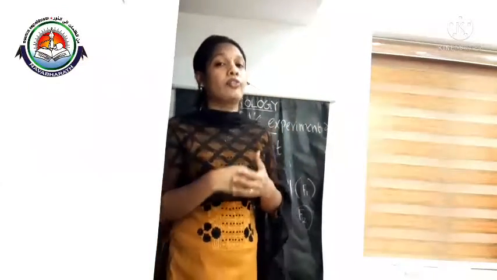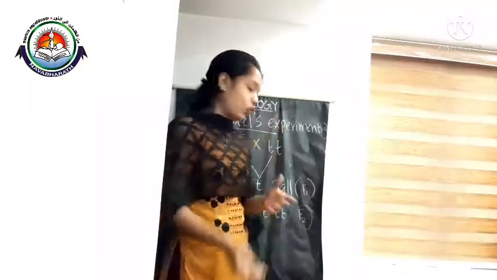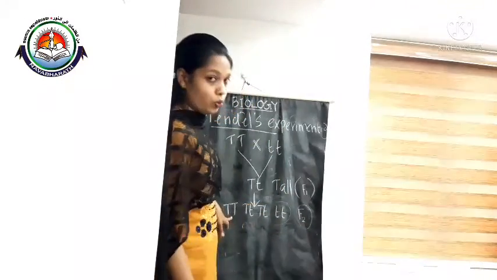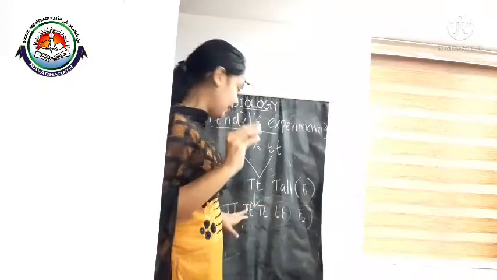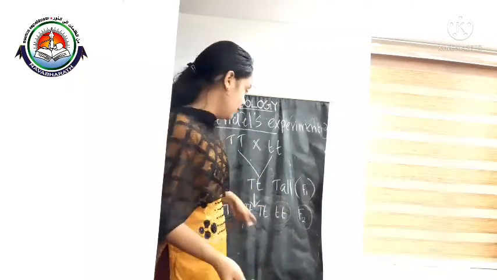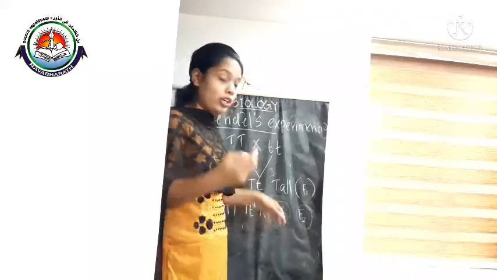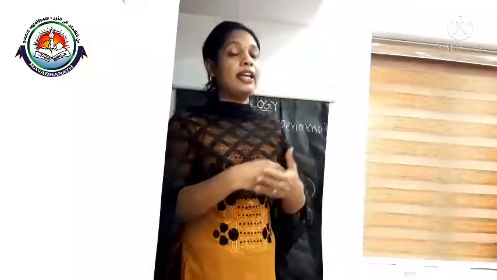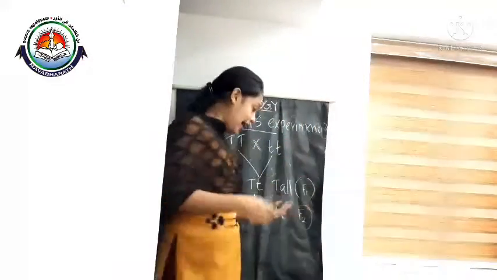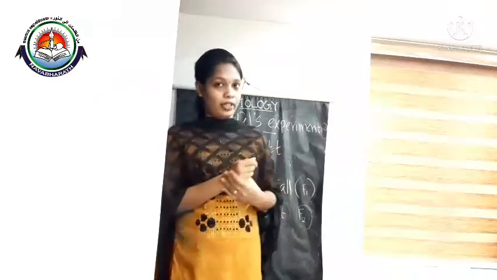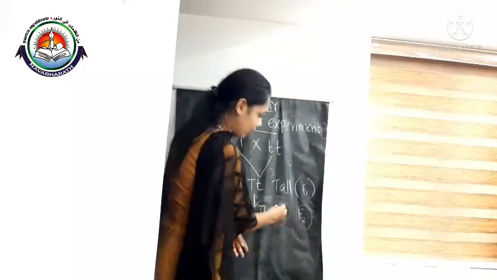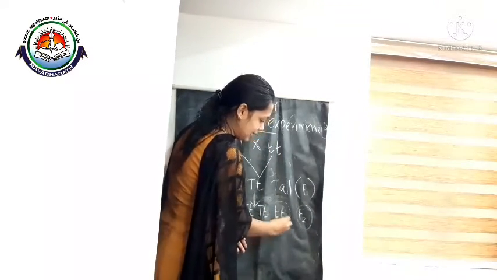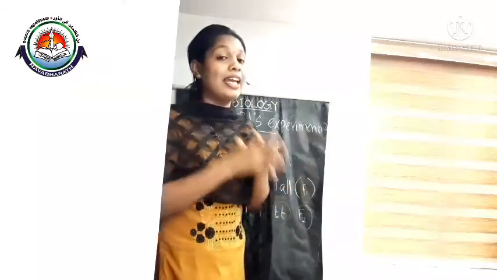These two may be identical or different, depending on the percentage of occurrence. That means either two capital T, or two small t, or capital T with small t may occur. So they may be either identical or different. These two factors that control the traits we now call alleles.